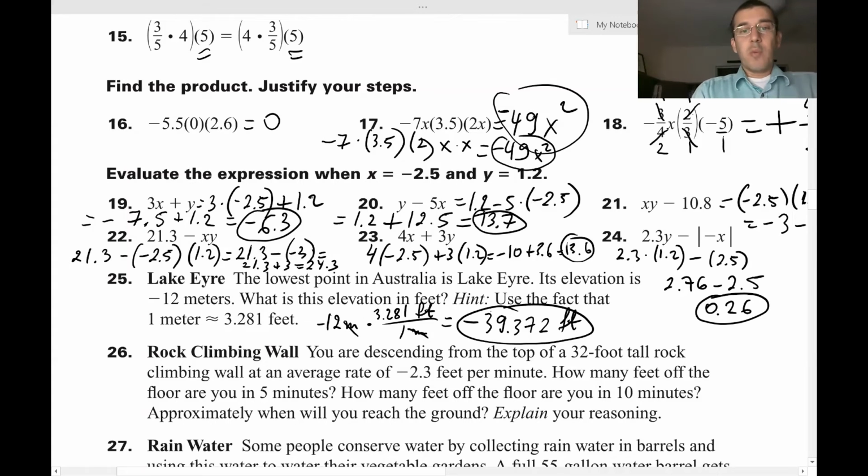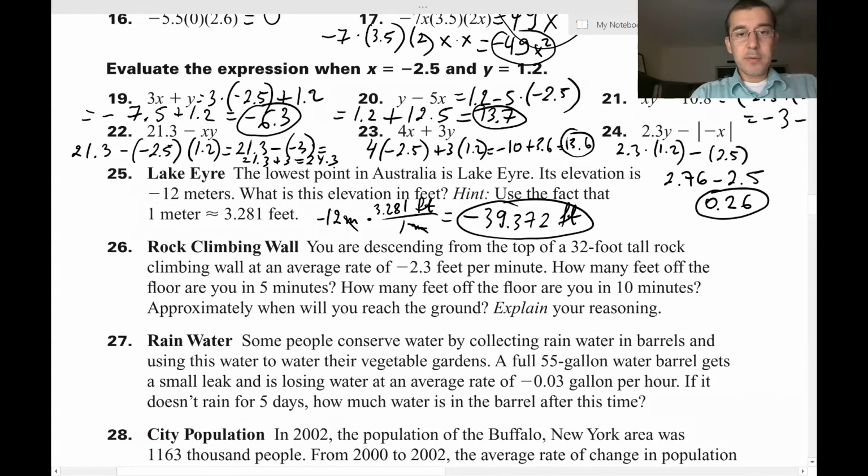26, rock climbing wall. You're descending from the top of a 32-foot tall rock climbing wall at an average rate of minus 2.3 feet per minute. How many feet off the floor are you in 5 minutes?